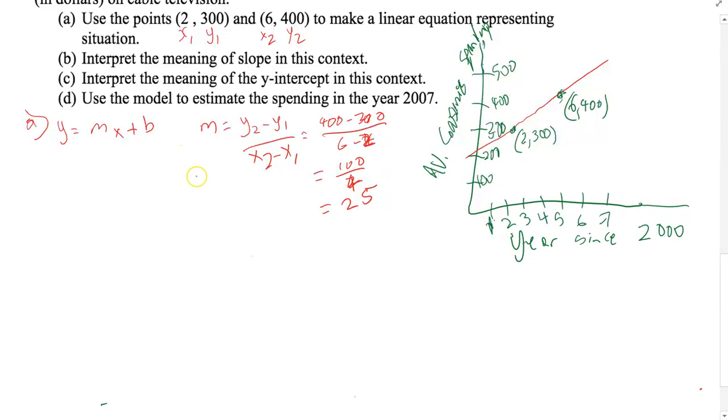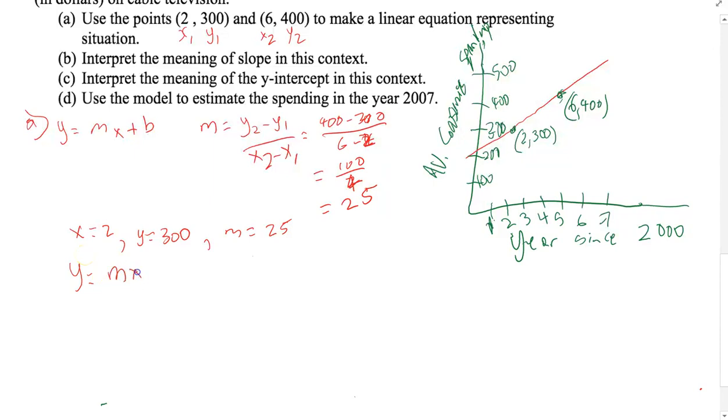How do we find b? Now, in order to find b, we got to choose a y and an x from any of these 2 pairs of coordinates. So we could choose x equals 2 and y equals 300. We know that m is equal to 25. So let us plug that into y is equal to mx plus b.